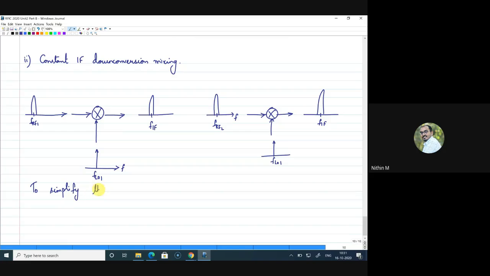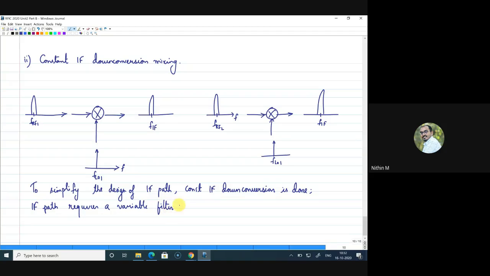So to simplify the design of the IF path, generally constant IF down conversion is used. Otherwise, the IF path will definitely require a variable filter. Not a variable filter, a filter with variable center frequency.